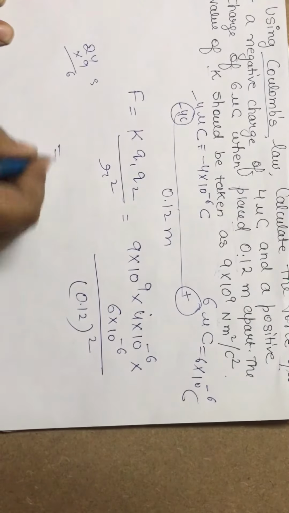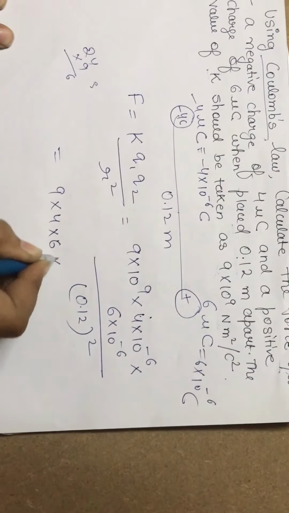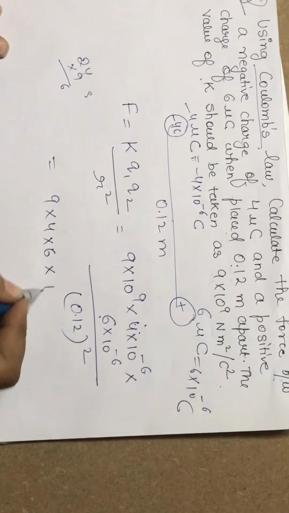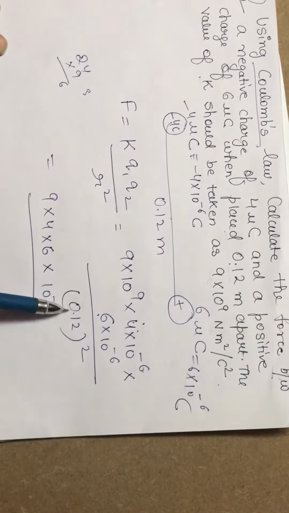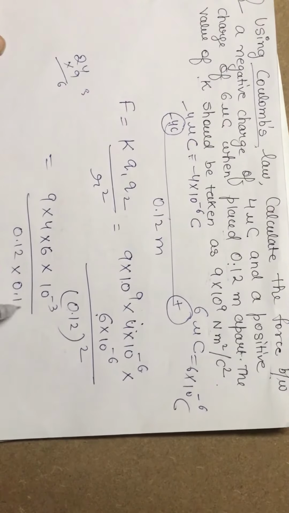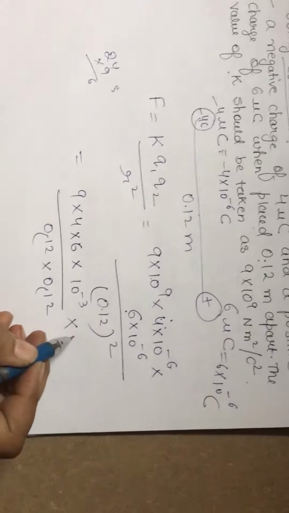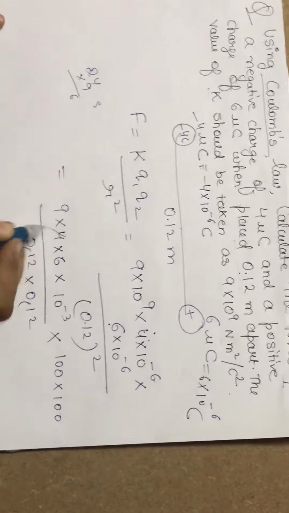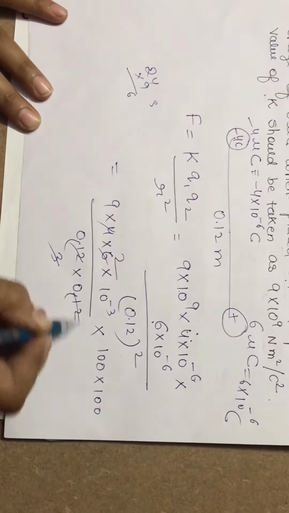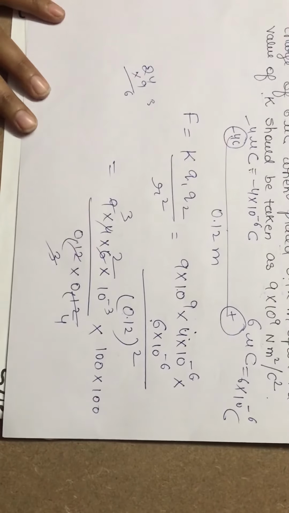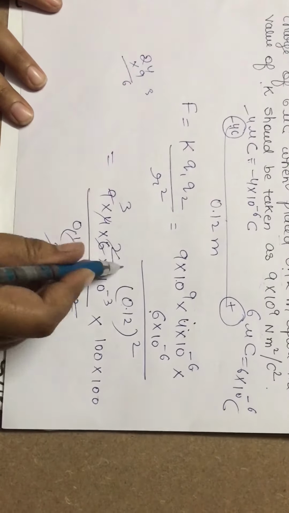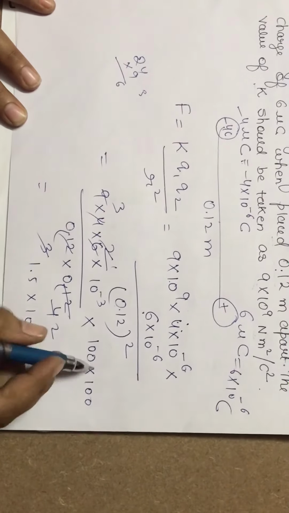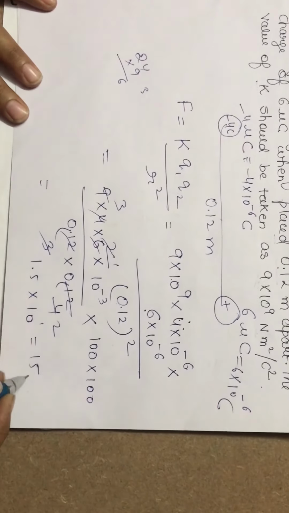One thing we can do is take these together, 10 to the power 9 minus 6 minus 6, and it becomes 0.12 square. The point cancels out, 12, so this becomes 100 and 100. 4 3s are 12, 3 2s are 6, 3 4s are 12, 3 3s are 9, and 2 1s are 2, 2 2s are 4. So it becomes 1.5 into 10 to the power 4 minus 3 1, that means 15 Newton.